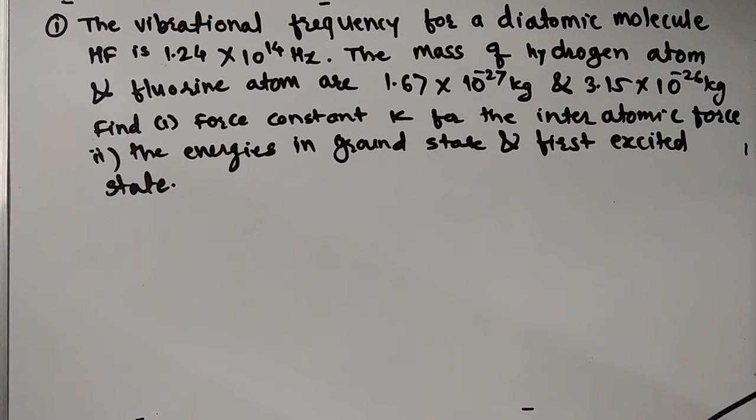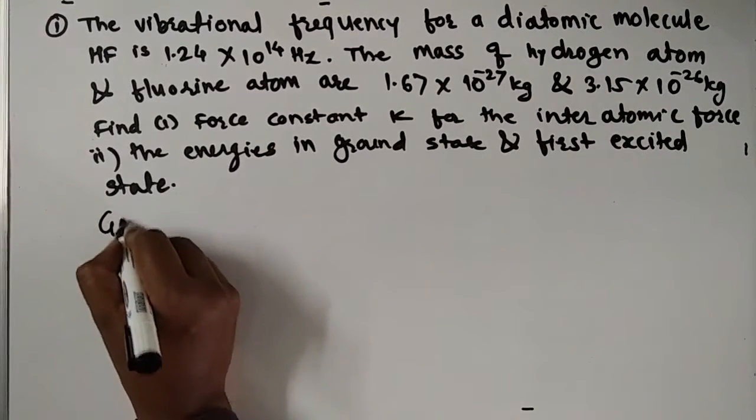The mass of hydrogen atom and fluorine atom are 1.67 into 10 raised to minus 27 kilogram and 3.15 into 10 raised to minus 26 kilogram. Find question 1, force constant K for the interatomic force. Question 2, the energies in ground state and first excited state.